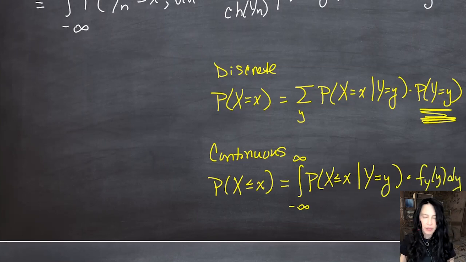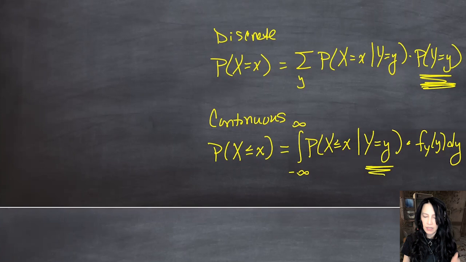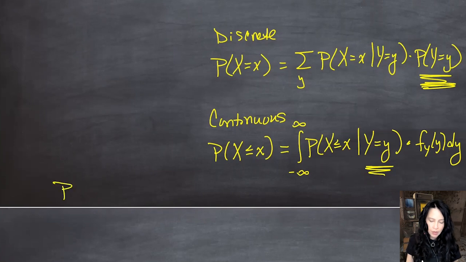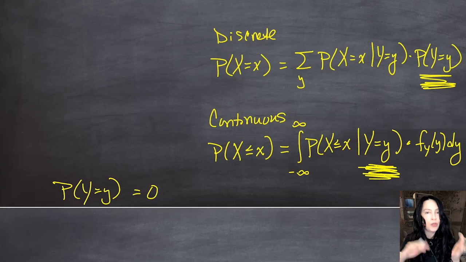I wanted to prove that before I started this proof. This is the analog of the equation above. And if anyone is wondering how Y can equal y, I'm glad, because Y is a continuous random variable, so the probability that Y equals y in the continuous case is always 0. But you are allowed to have an equal sign for a continuous random variable if it's to the right of a conditional line.